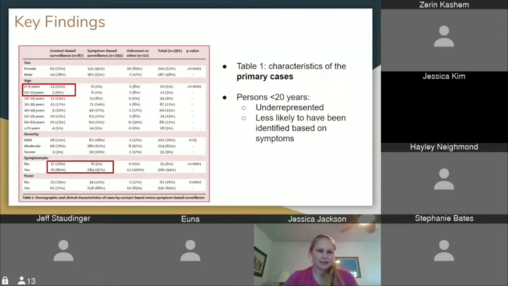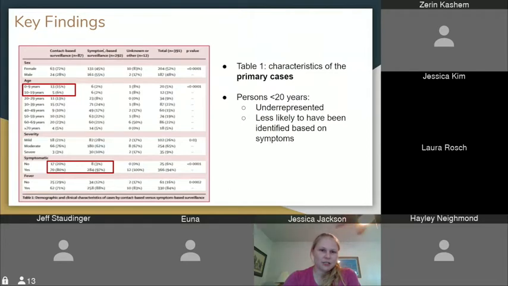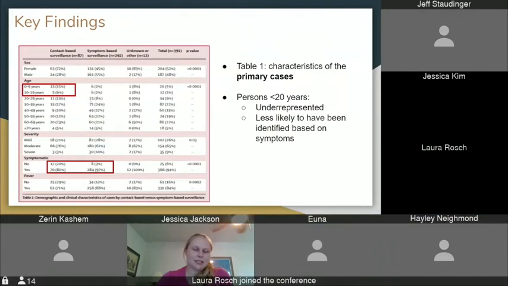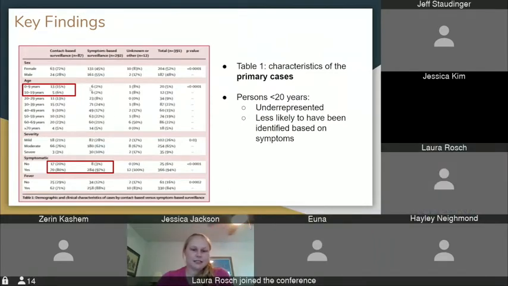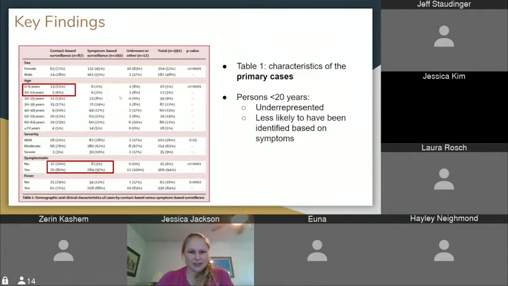I would say that you can kind of see in a way on this chart how it does affect the results right here, where when you're looking at the symptom-based surveillance, it looks like children are not really catching this coronavirus, or not getting sick with it, or not being infected anyway.